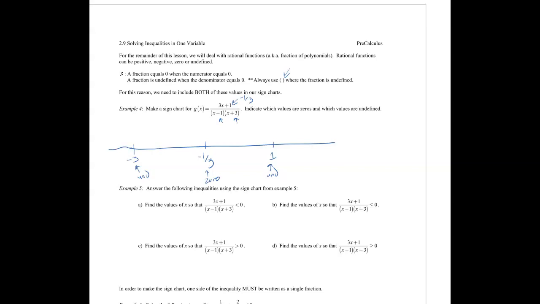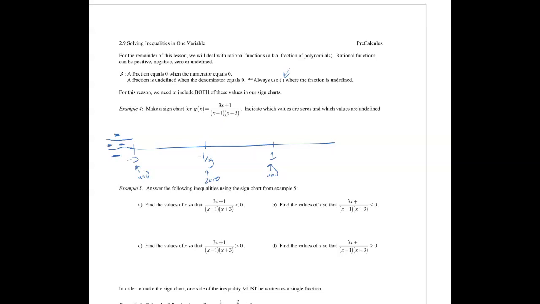If I plugged in, for example, negative 4, I would get a negative up top, and if I plugged in negative 4 to the bottom pieces, I would get a negative overall for each. So negative divided by negative is positive, times another negative would be a negative overall.